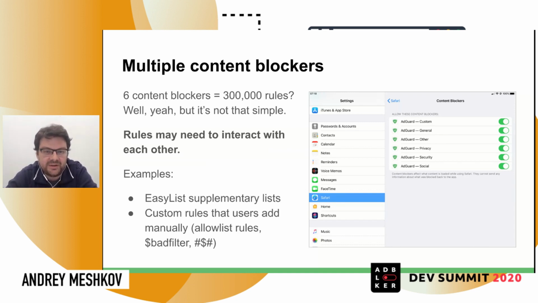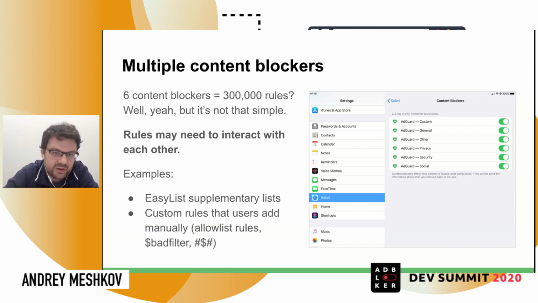The problem is that these content blockers are completely independent, and the rules in them cannot influence each other. So, for instance, if one content blocker from these 6 decides that a URL should be blocked, the other one cannot undo this. Or if one content blocker decides that some page element should be blocked, it will be blocked.